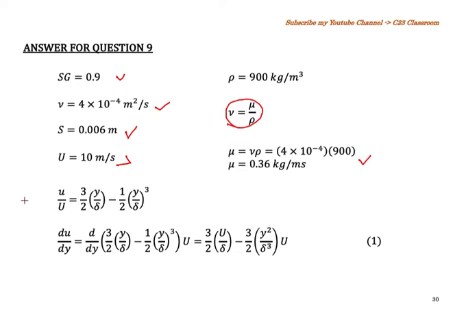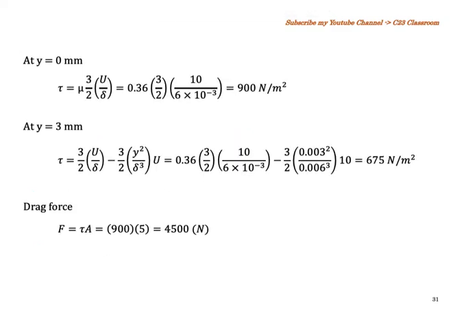And then I think in our previous tutorial I showed you how to solve this problem. So we have the equation of u over U like this one, and then we can differentiate into du over dy, and we get 3 over 2 U over delta minus 3 over 2 y square over delta cube U. And then for y equal to 0 millimeter here, we substitute the value of y equal to 0.